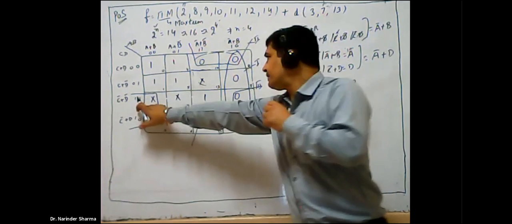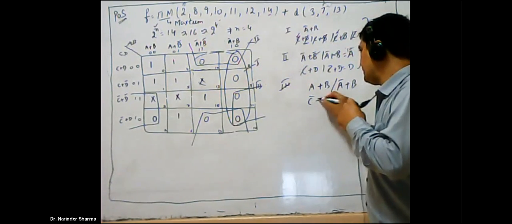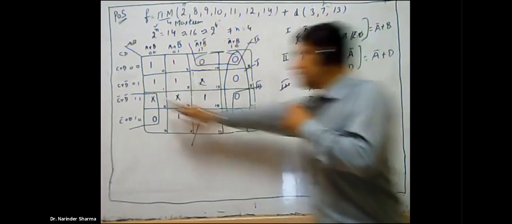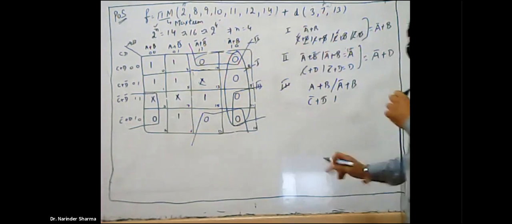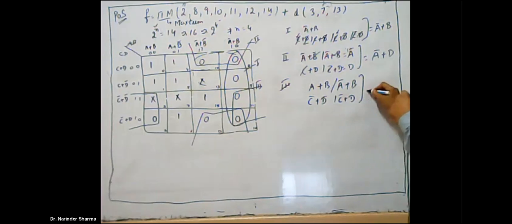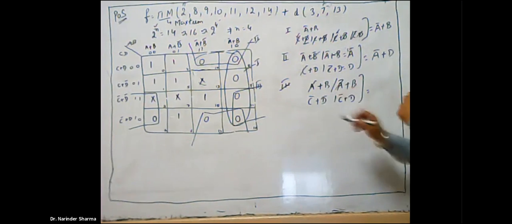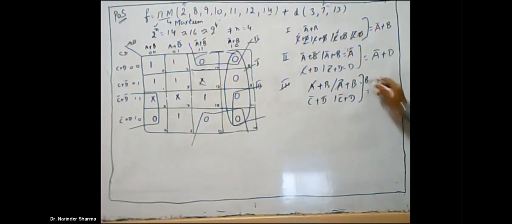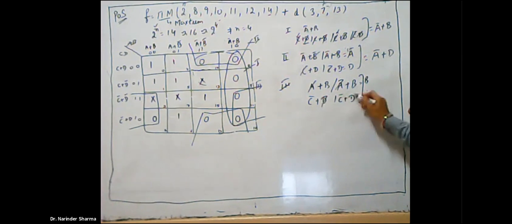Vertical is C bar plus D bar and C bar plus D, so this can be striked out. Here you will get B, and here you will get C bar. So its resultant is B plus C bar.